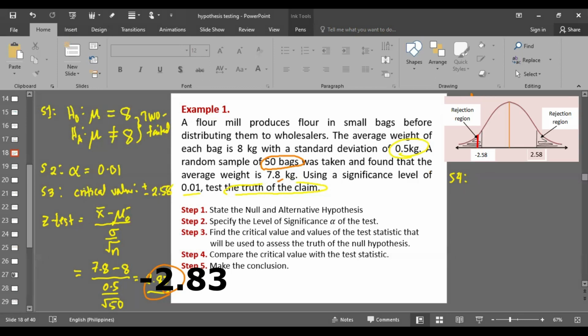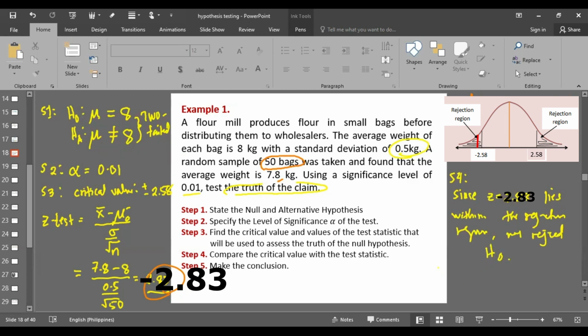Yes. Sabihin natin nandito siya. 2.83. So for step 4, we write since the computed test statistic or the computed z-value, which is 2.83, lies or falls within the rejection region, we reject the null hypothesis.